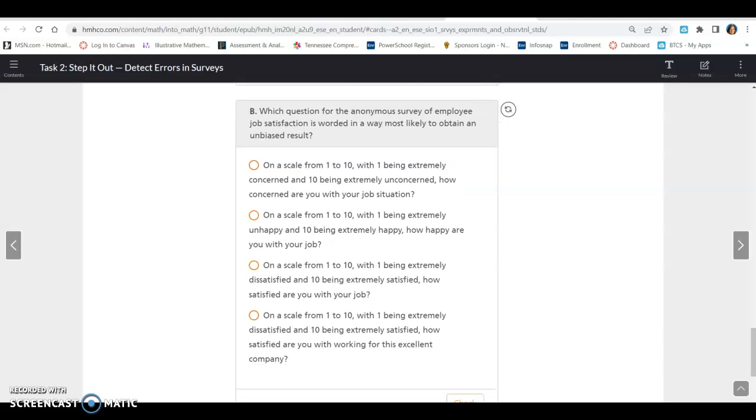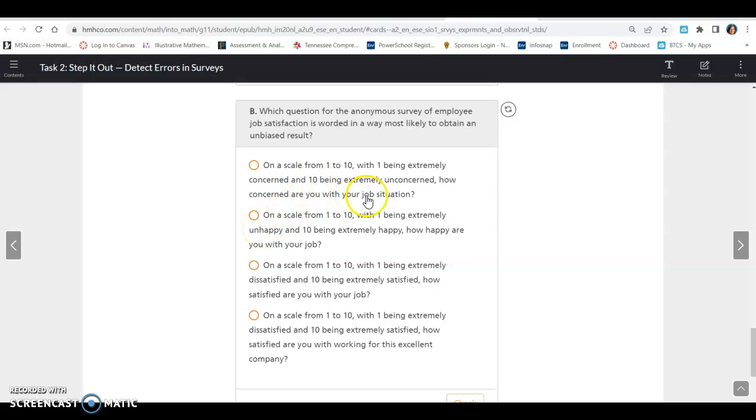All right, so it says, which question for the anonymous survey on employees' job satisfaction is worded in a way most likely to obtain an unbiased result? All right, so on a scale of 1 to 10, with 1 being extremely concerned and 10 being extremely unconcerned, how concerned are you with your job satisfaction?